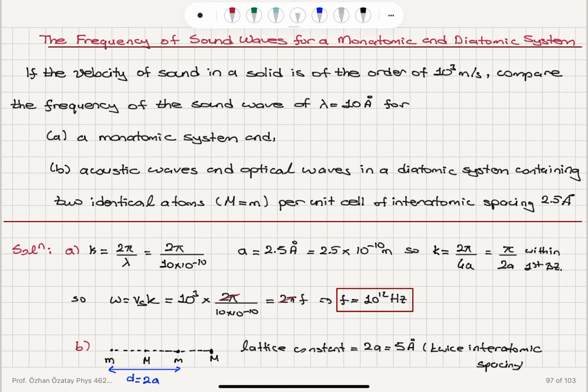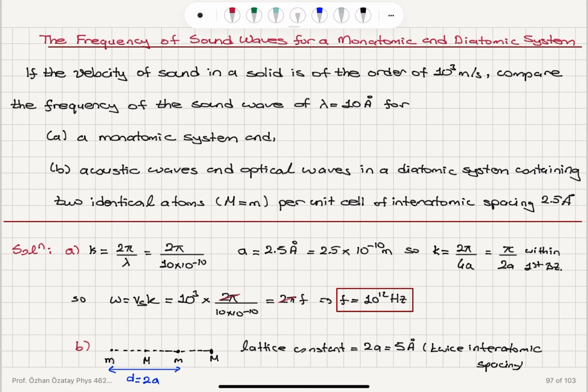But for a diatomic system that has two identical atoms per unit cell, so that's a two atom basis, we have the lattice constant 2a. So they have the same masses, but we have a diatomic basis, so basically we can say that we have a lattice constant of 2a.